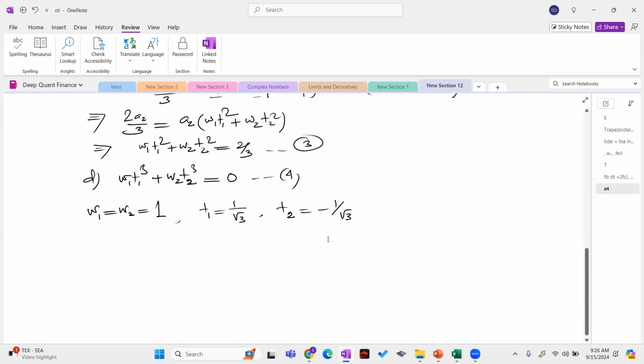So ultimately what I'm saying is the integral of f(t) dt for any cubic function from -1 to +1 is given as w1 f1, w1 is 1. So this is f of -1 by root 3 and f of 1 by root 3. How nice. Any cubic function integral from -1 to 1 is given as the value of the function at -1 by root 3 plus the value of the function at +1 by root 3. That's it.